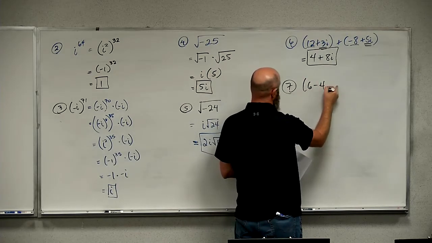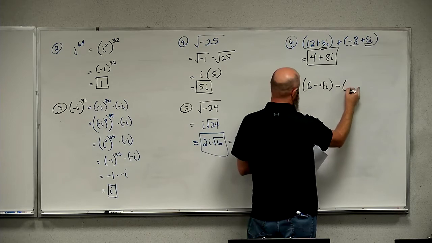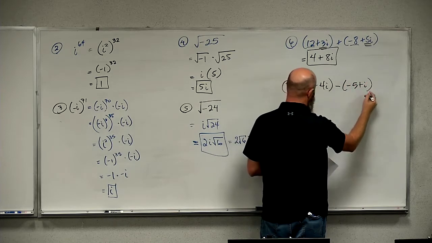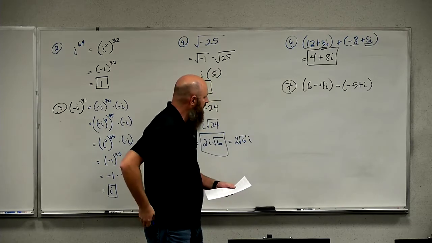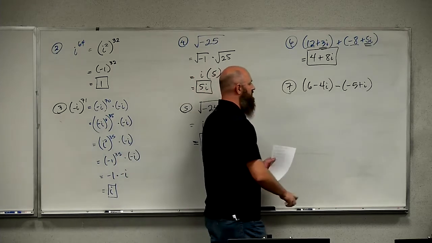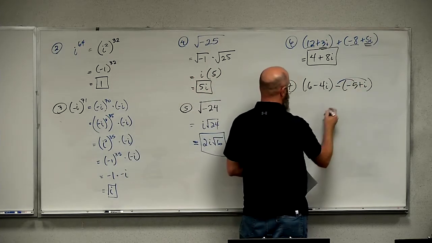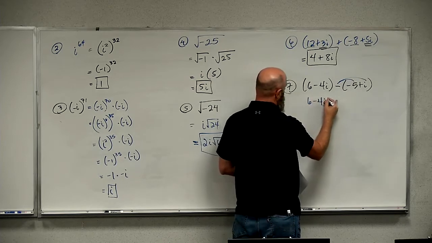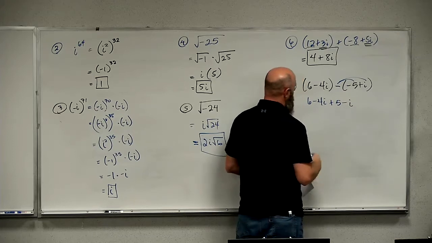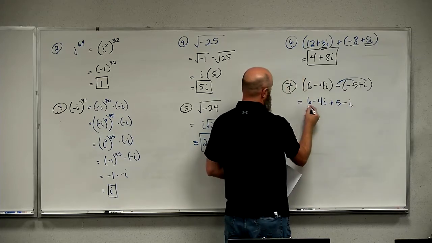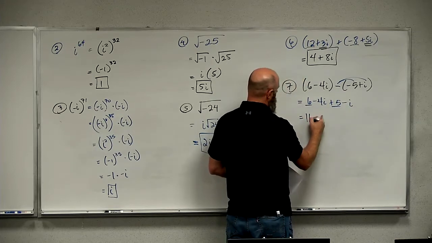6 minus 4i minus negative 5 plus i. Now, I would recommend, as always, that you go ahead and distribute this negative first here. So 6 minus 4i is going to be plus 5 minus i. And so 6 plus 5 is 11.